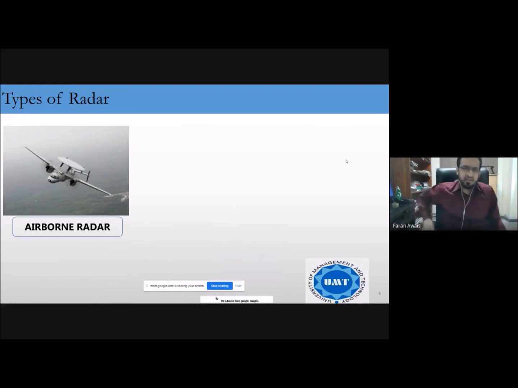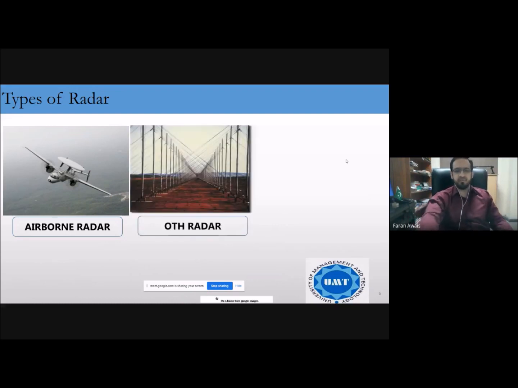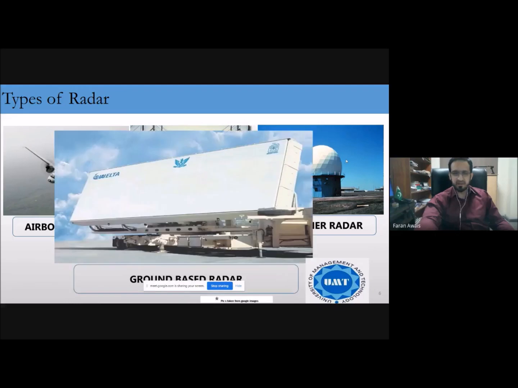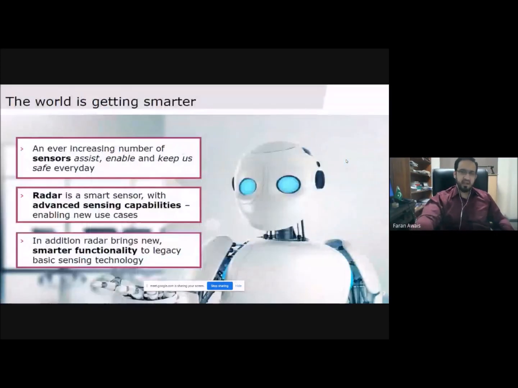Whenever you talk about radar, the first thing that comes to your mind may be an airborne radar, an over-the-horizon radar, a huge weather radar, or a huge ground-based radar. So whenever we talk about radar, the first thing that comes to our mind is gigantic structures, right? But that is not always true. The world is getting smarter, and radars are actually replacing sensors as they bring smarter functionality.